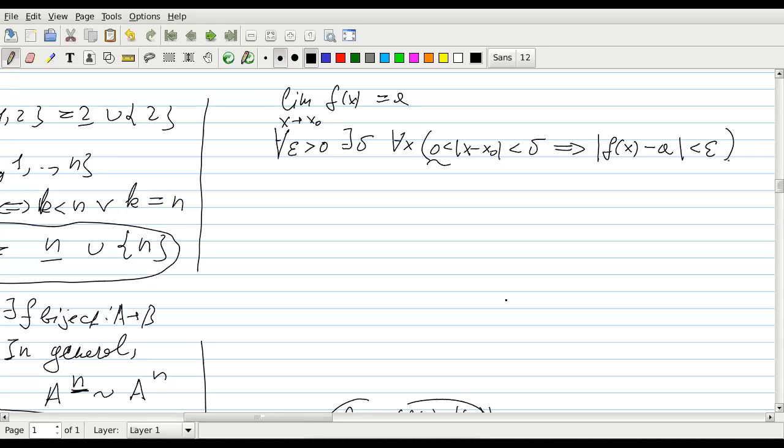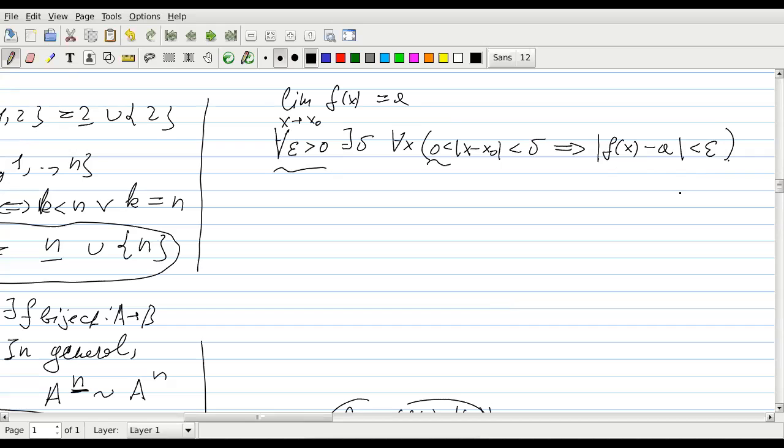То есть для любого эпсилон я могу выбрать такую окрестность, что значение функции во всех ее точках отличается от a меньше, чем на эпсилон.